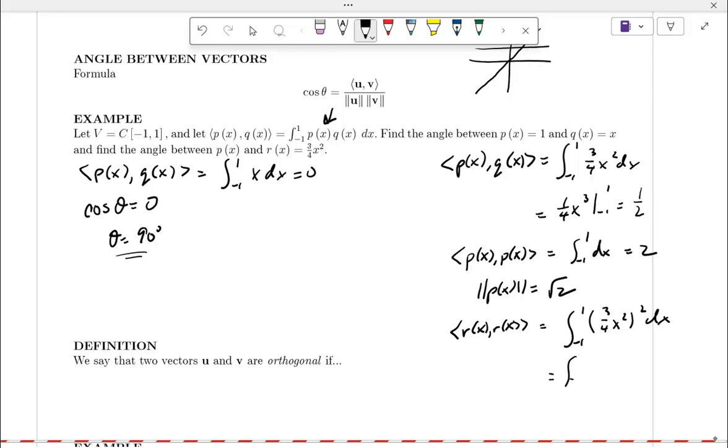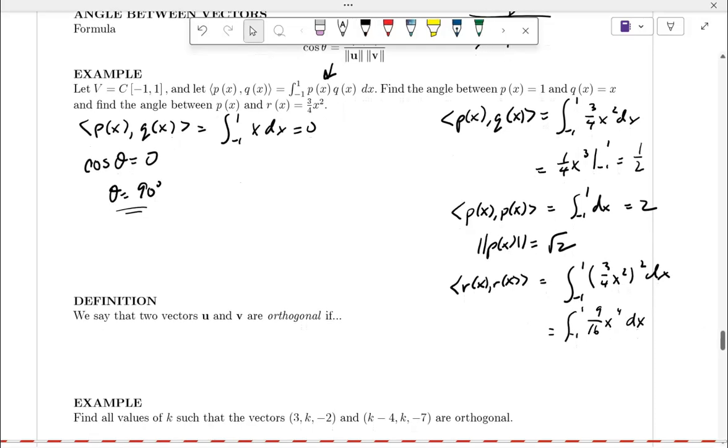So we get a 9/16 x to the 4th. We get there 9/80 x to the 5th. So you get 9/40 when you're done. And then again, to find the magnitude, what do we need to do to that? Square root it again.